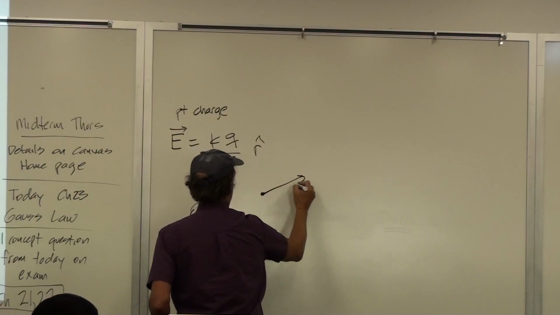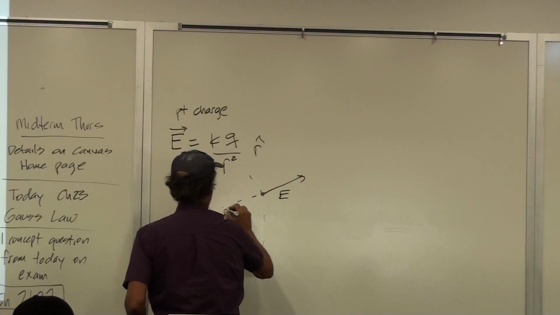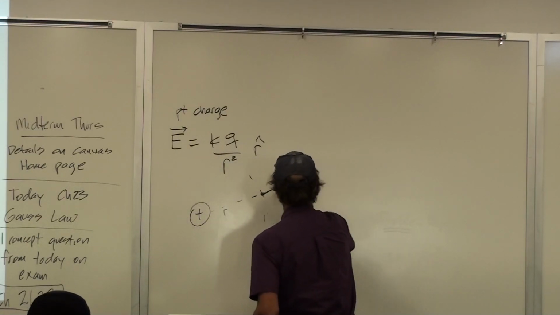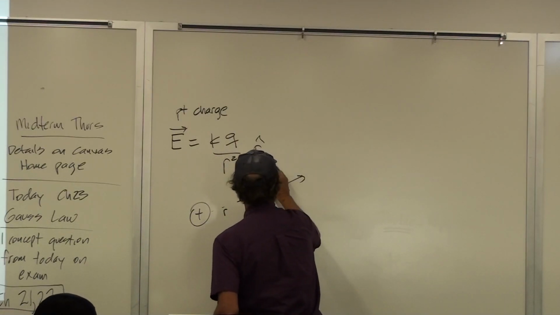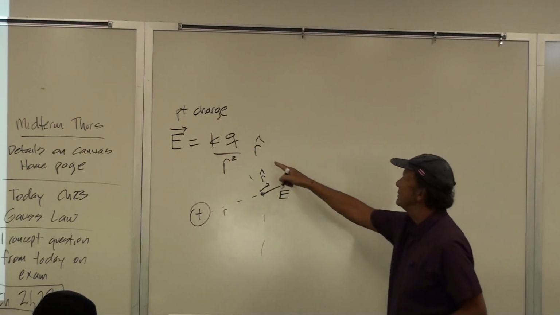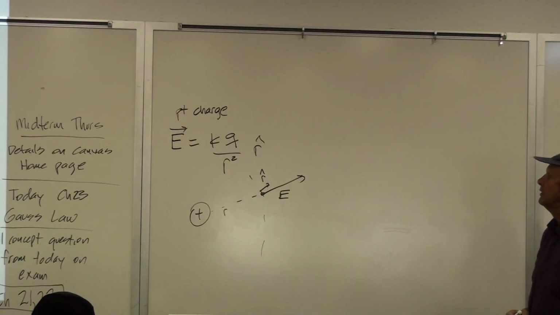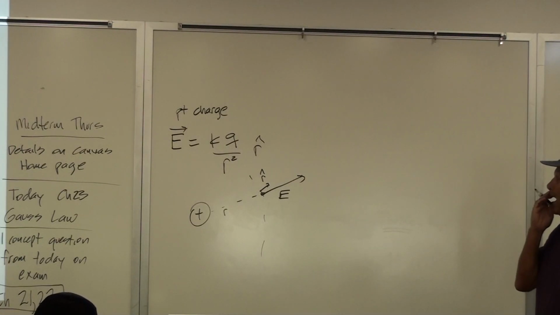So here's our electric field. This is our distance r away. This is our unit vector in the r hat direction. It's the magnitude of E times the direction, where the direction is our spherical coordinates r hat.